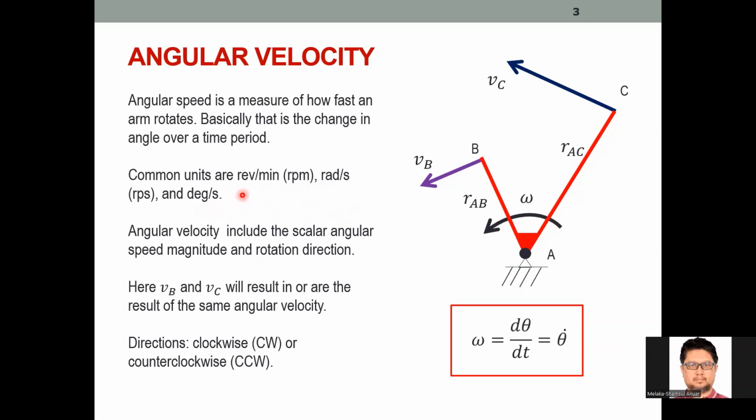But in a lot of readings, such as the meter panels on our vehicle, car or motorcycle, the engine speed is given in RPM. Whereas in a lot of our calculations, we have to use radian per second. That's why you need to always know how to convert between RPM and radian per second.